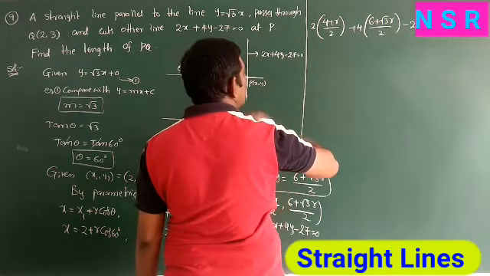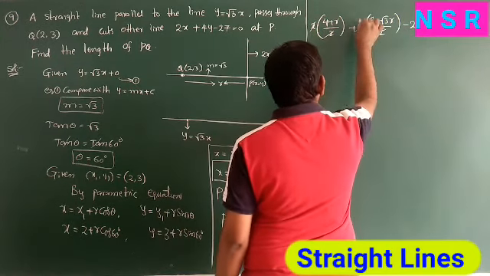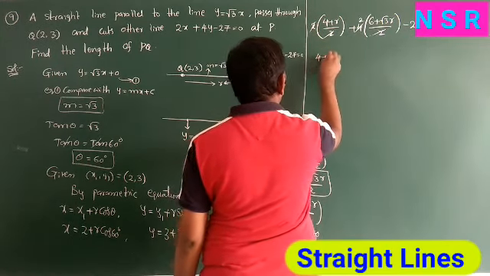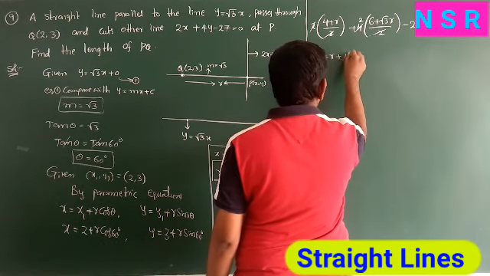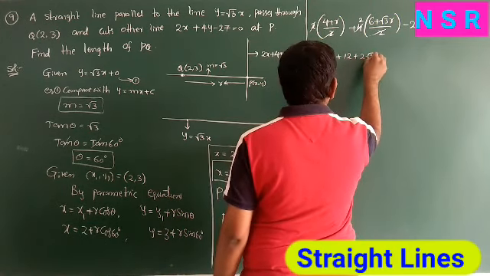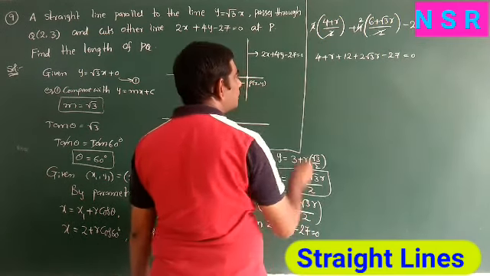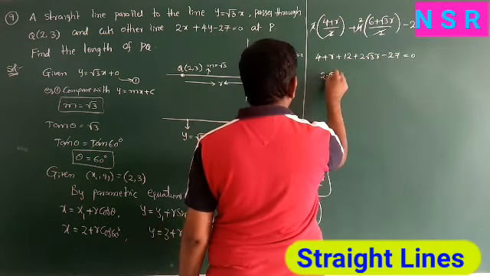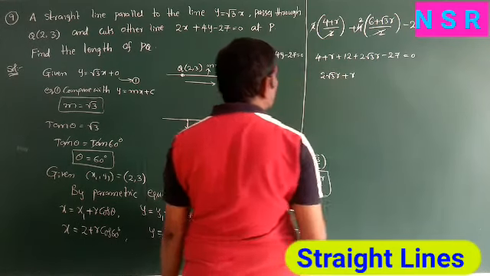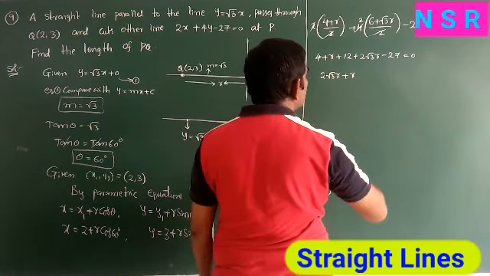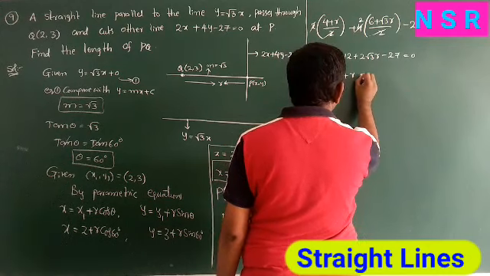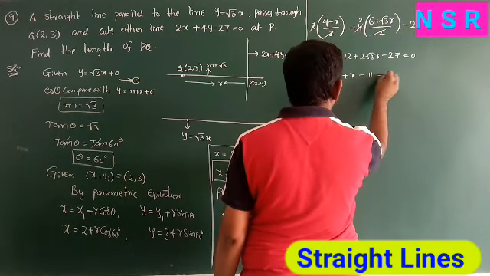Here the 2 gets cancelled, and the 2 in the 4 gets cancelled: 4 + r, 12 + 2 root 3 r, minus 27 equal to 0. So 2 root 3 r + r, 12 + 4 is 16, 16 - 27 is -11, equal to 0.